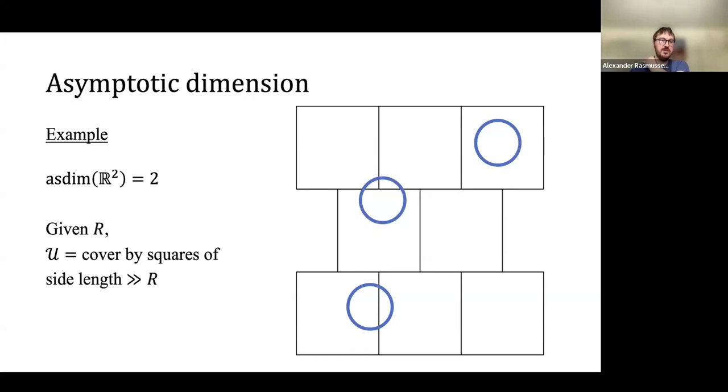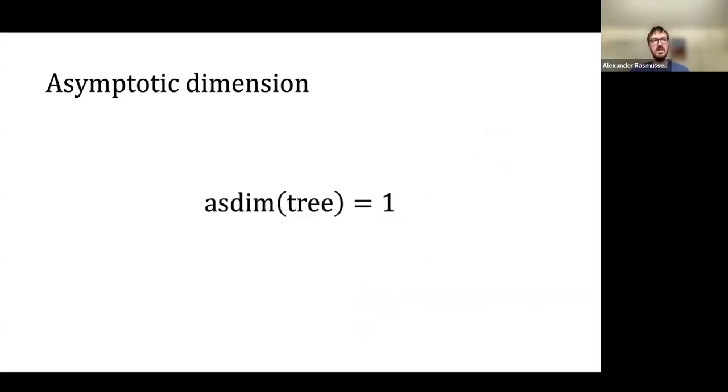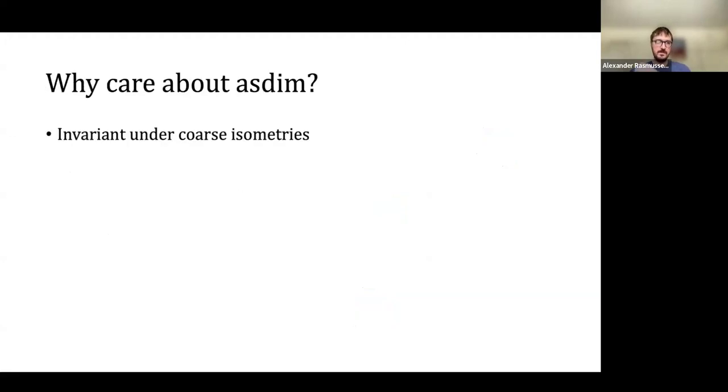In fact, it's equal to 2, but that requires more work. One other fundamental example that we want to keep in mind through the rest of the talk is the asymptotic dimension of a tree. Again, it's what you would expect, just 1. So let's keep that in the background.